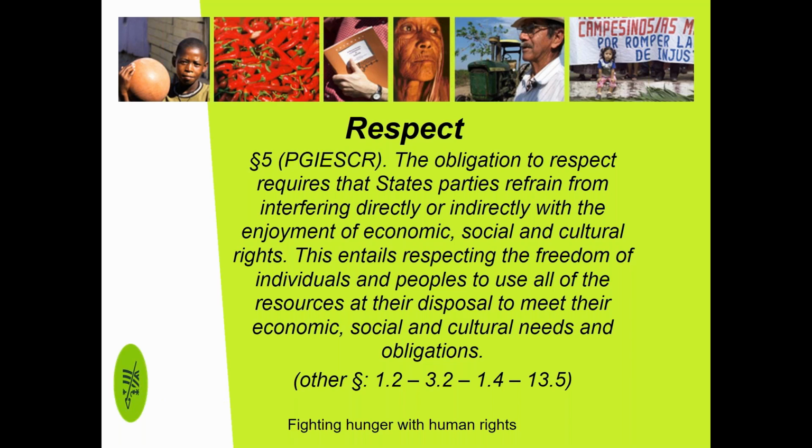It says that the obligation to respect requires that state parties refrain from interfering directly or indirectly with the enjoyment of economic, social, and cultural rights. So this entails respecting the freedom of individuals and peoples to use all of the resources at their disposal to meet their economic, social, and cultural needs and obligations. So this means any action and omission from the state which would interfere with the enjoyment of the right to water of people should not happen. This is what these paragraphs are saying.